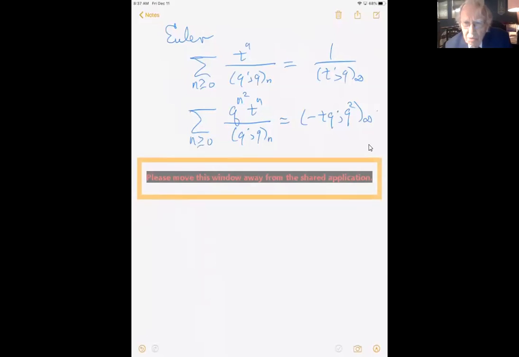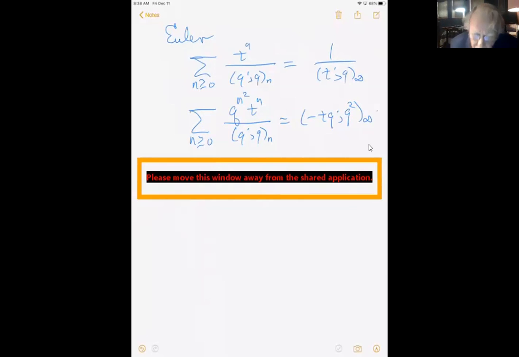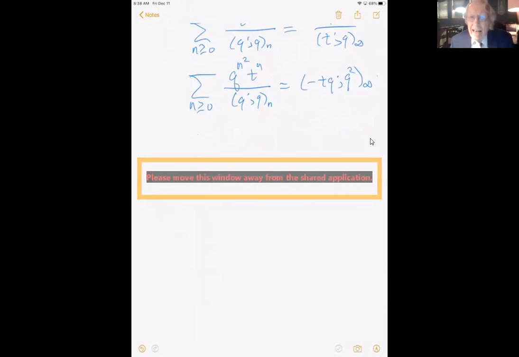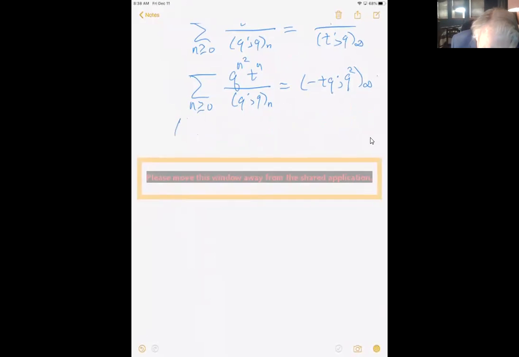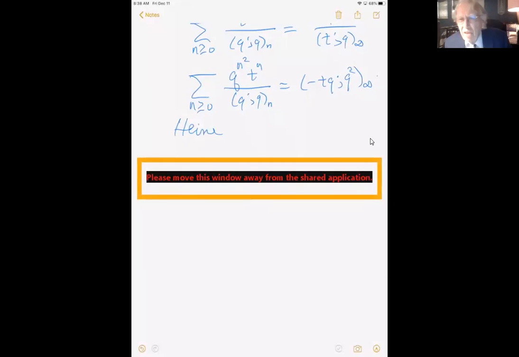So what I want to take you through next, because this is one of the simpler things that one can do with these series, and something that Ramanujan was completely familiar with. If you look at many of the formulas that appear in the Lost Notebook, this sort of theorem permeates many of the identities that he found. And so let me write this. This originally goes back to Heine, and I don't know that it appears explicitly in the Lost Notebook, but numerous special cases of it exist, so that Ramanujan certainly would have known how to prove this.